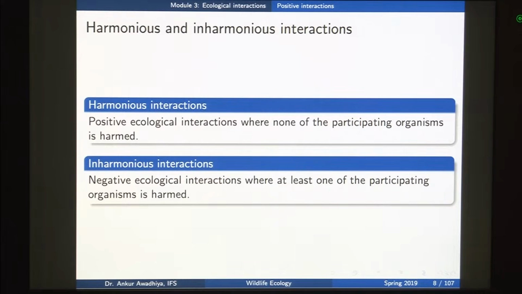So, even though there could be situations where none of the organisms is getting a benefit, but if none of the organisms is getting harmed, we will call it a positive ecological interaction, even if none of the organisms is getting a benefit. The main principle here is the harm principle.